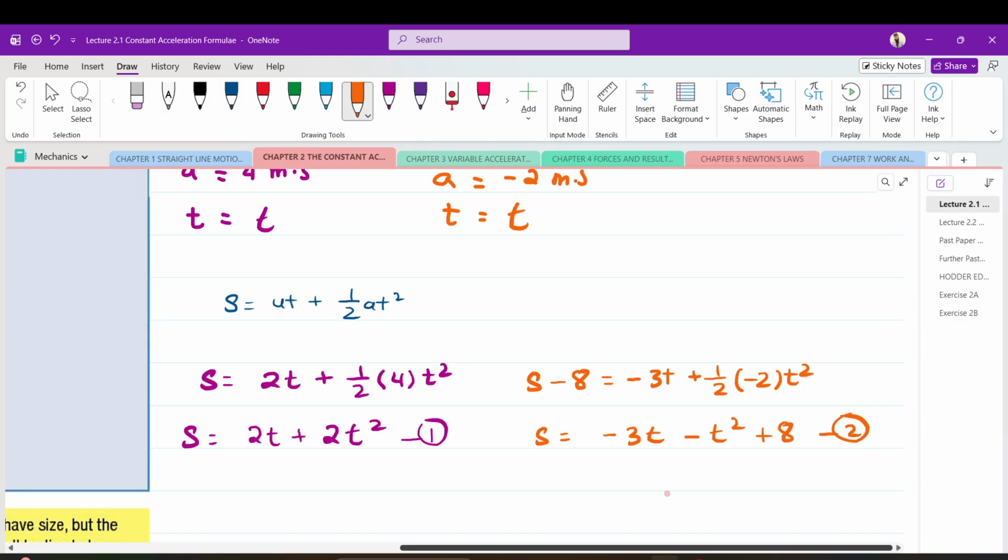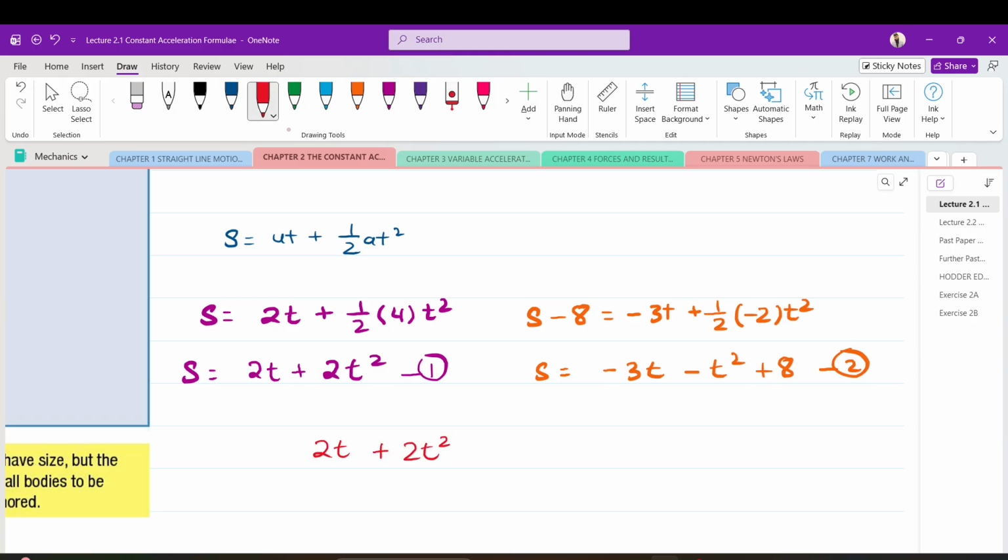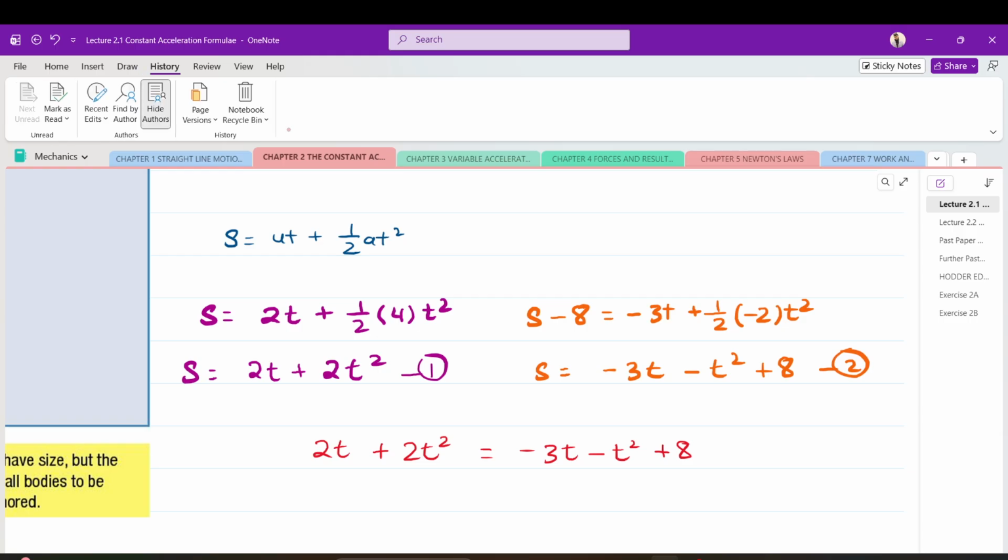Now, if I equate both the S's, I'm solving the simultaneous equations by substitution, right? So if I equate both of them, I would get 2t plus 2t squared equals minus 3t minus t squared plus 8. Bring all of these elements to the left hand side.